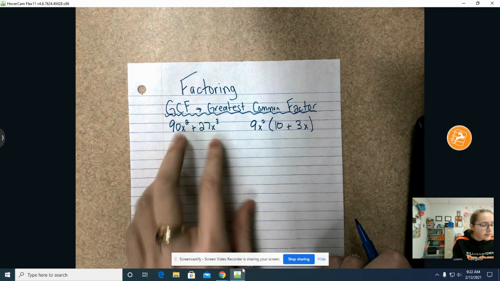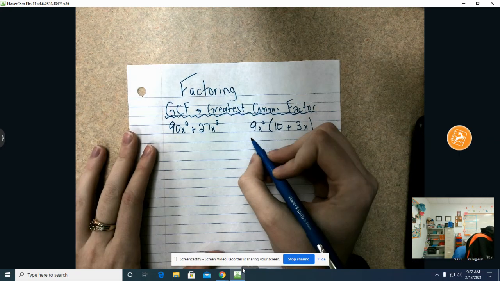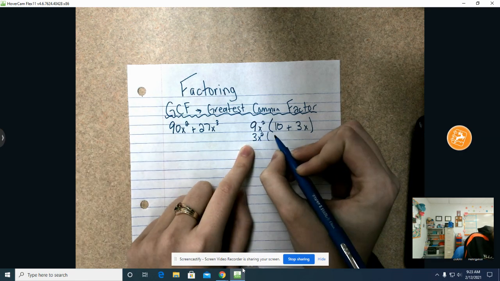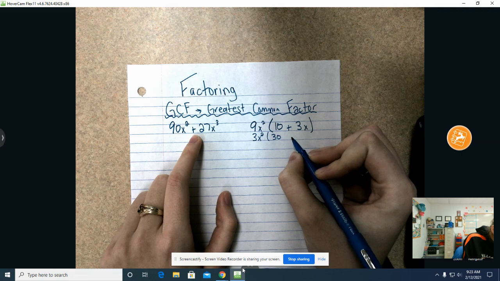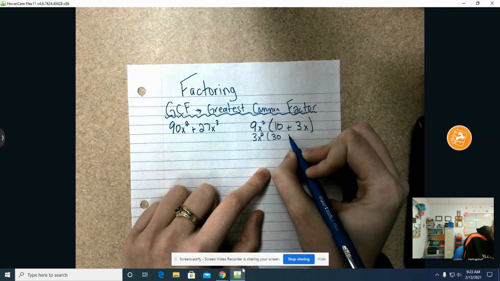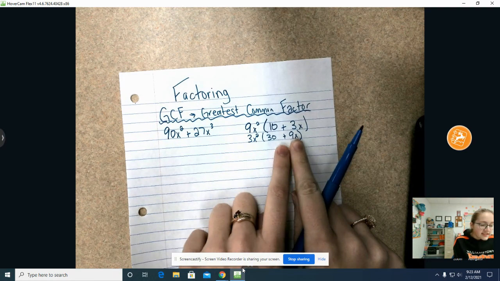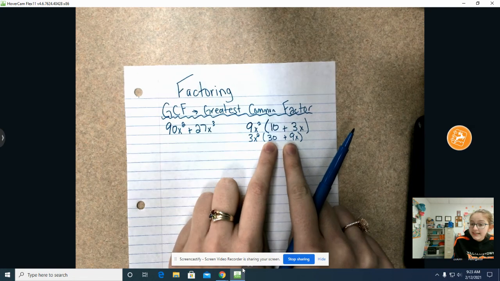So let's say we didn't pull out the greatest common factor. Let's say we did pull out a 3, so we pulled out a 3x squared. And then 90 divided by 3 is going to give me 30, and then 27 divided by 3 is going to give me 9x. So this would not be correct because 30 and 9 both have something else in common.